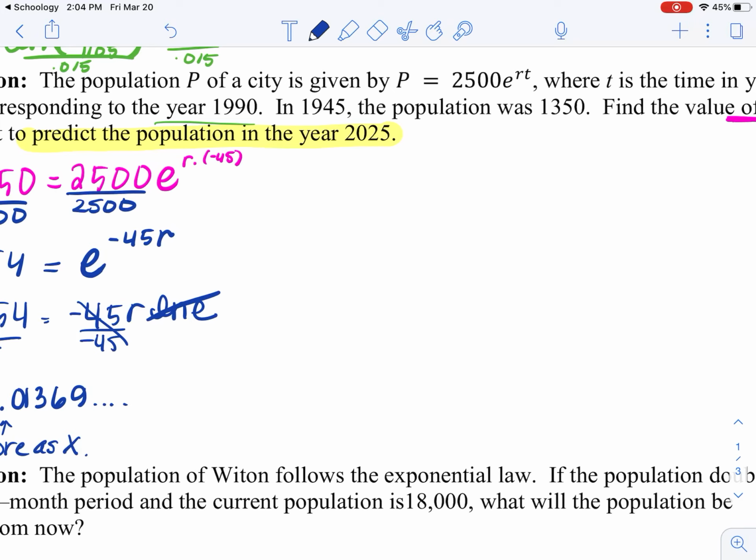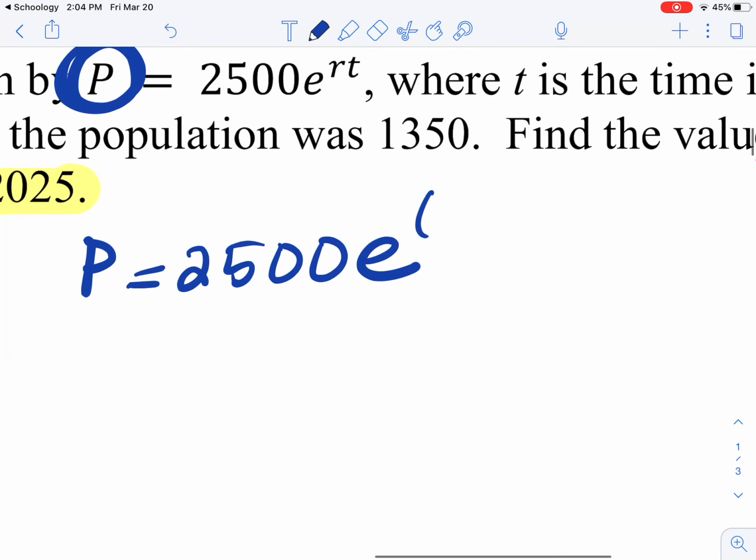Okay, so now we are ready to predict the population in 2025. So I want to know what P is, and I'm just using P because that's what they use. If you're using A, that's absolutely fine. P equals 2,500 times e to the R, which is my stored X value.